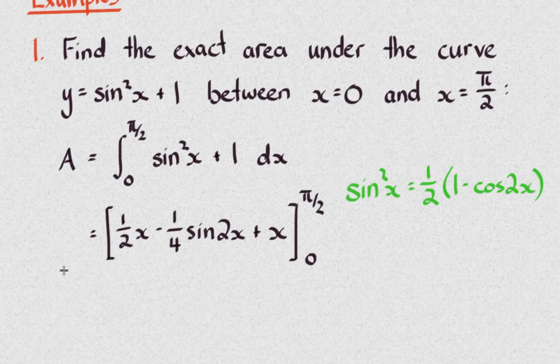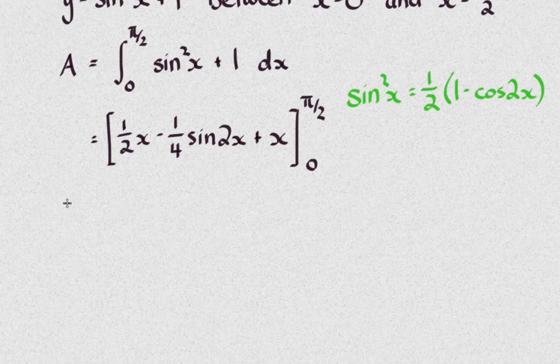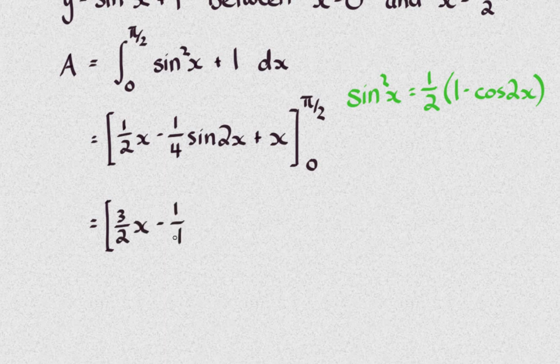This gives us two terms that involve x, and so we can collect like terms to simplify this a little bit. Half x plus x, well, that's 1.5, or 3 on 2 lots of x, and then this part remains the same. All that's left for us to do is apply the fundamental theorem of calculus. So let's first substitute in pi on 2.